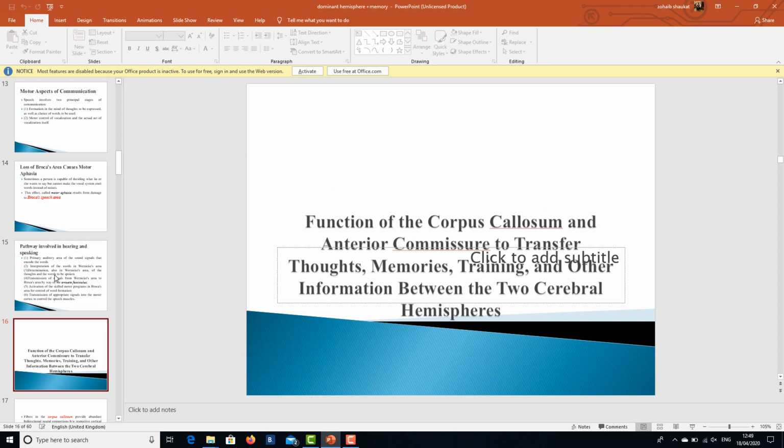Now let's talk about the function of the corpus callosum and anterior commissure to transfer thoughts, memories, training, and other information between the two cerebral hemispheres.